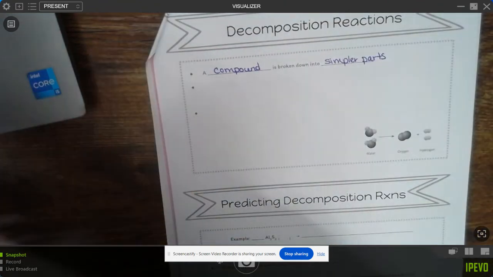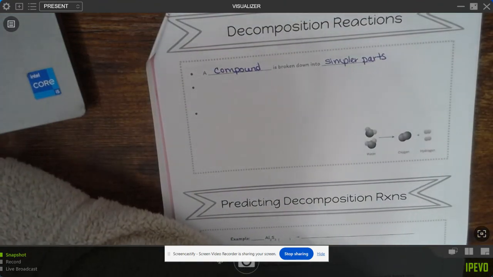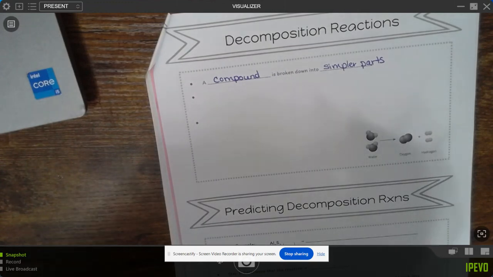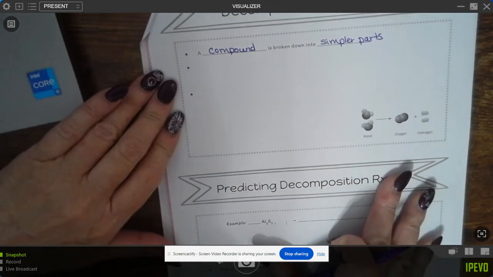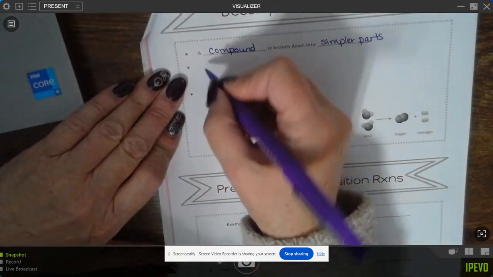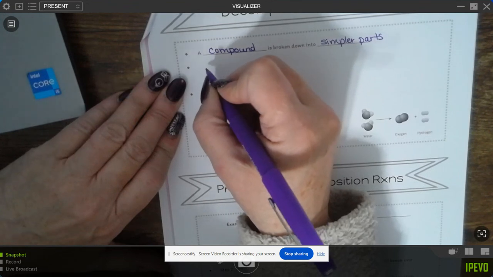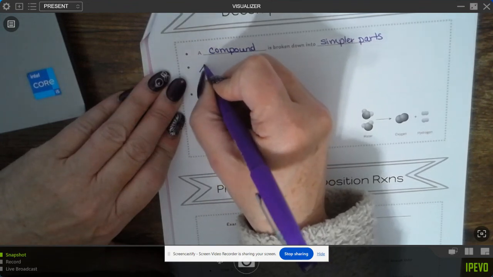The decomposition reactions we're going to talk about, we're only going to have compounds that break down into their elements. There are some that are more complex. A generic formula would be AB.